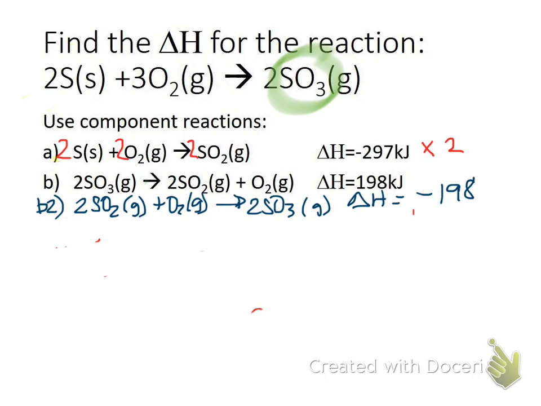Okay, so which two equations am I going to add together? Well, I'm going to add this first one that I've modified with B2. These are the two I'm going to add together. Alright? And the way I'm going to add them together is if they are exactly the same, they will then stack up.